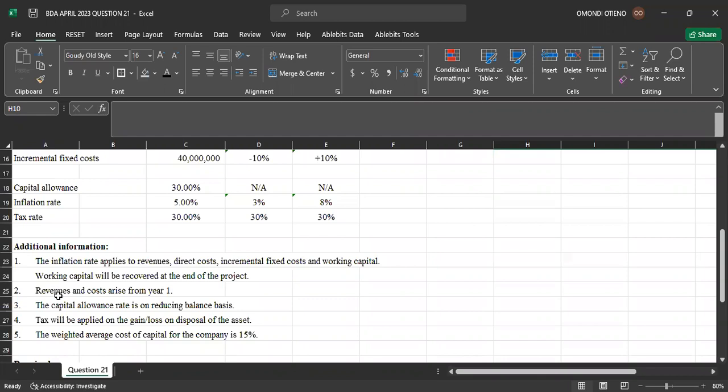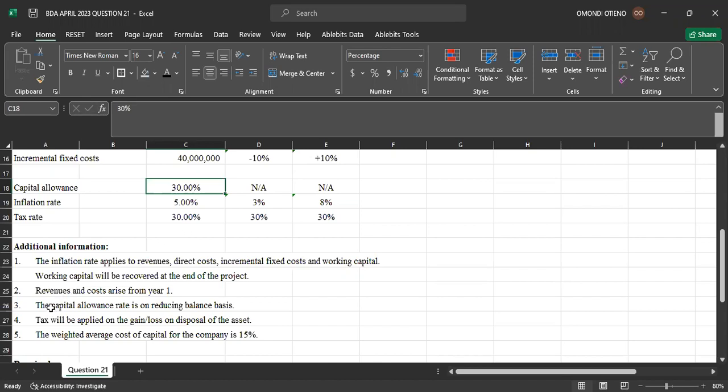And then have we been given the rate? Yes, the rate is given to us here as capital allowances rate is 30%. It is constant, it is not changing throughout the year.